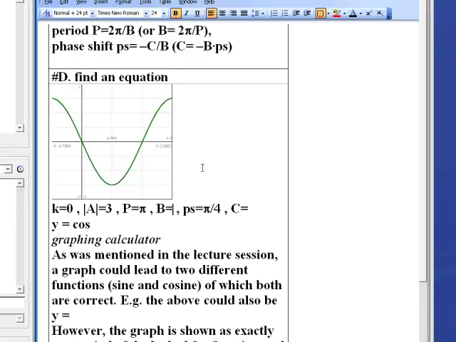Now we can determine the coefficient b, which is b equals 2 pi over the period. 2 pi over pi is 2. And this time around we have a coefficient c, which will be negative b times phase shift, so negative 2 times pi over 4, so we're going to have negative pi over 2.